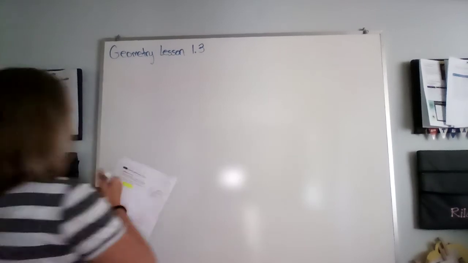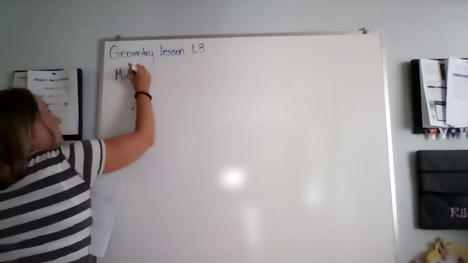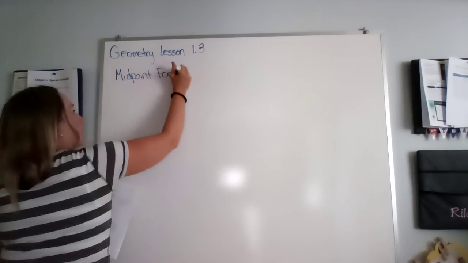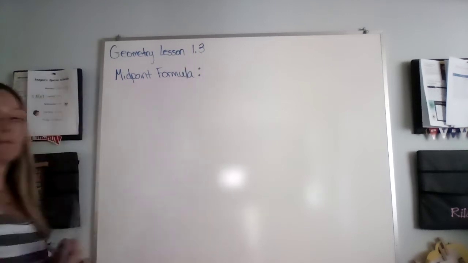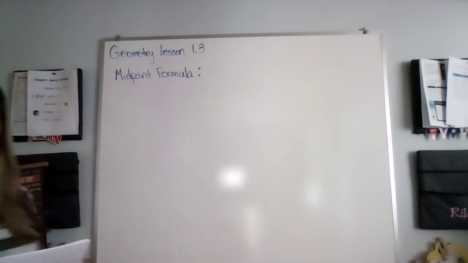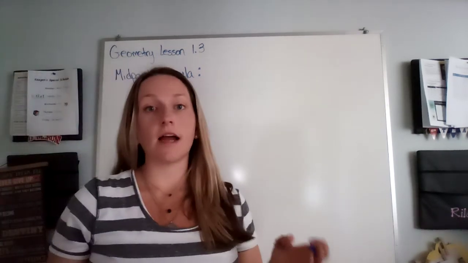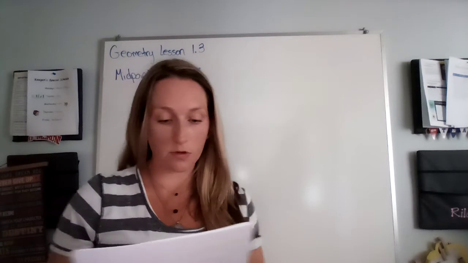Okay, so we first have the midpoint formula. All right, this midpoint formula can be used to find an endpoint of a segment or to find the midpoint of a segment, depending on what information is given, and I'll go through examples of both.